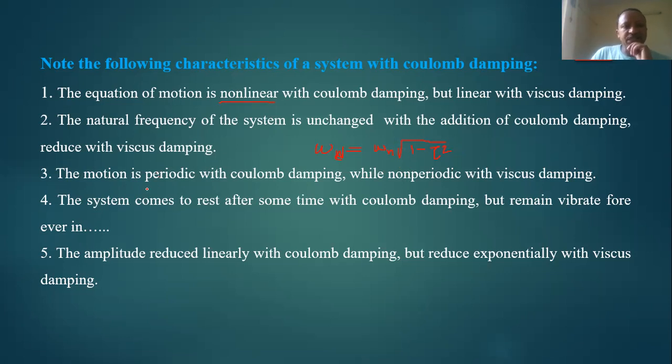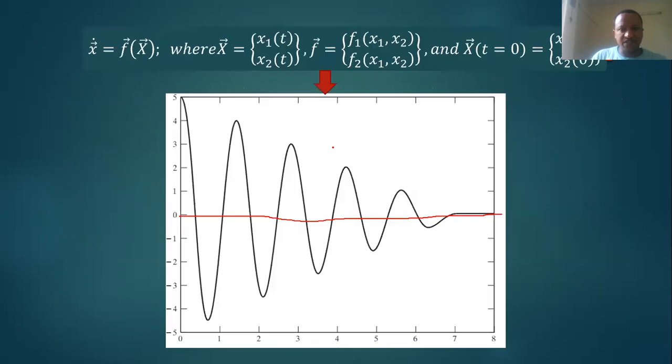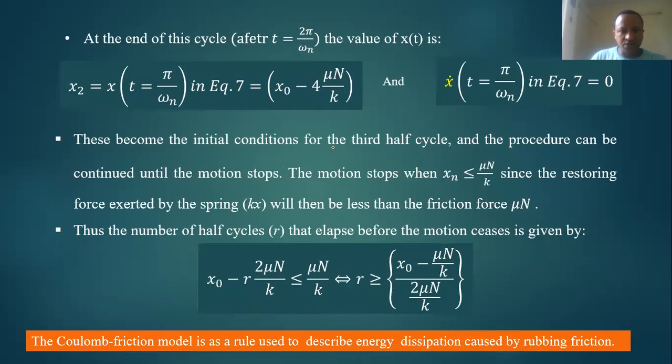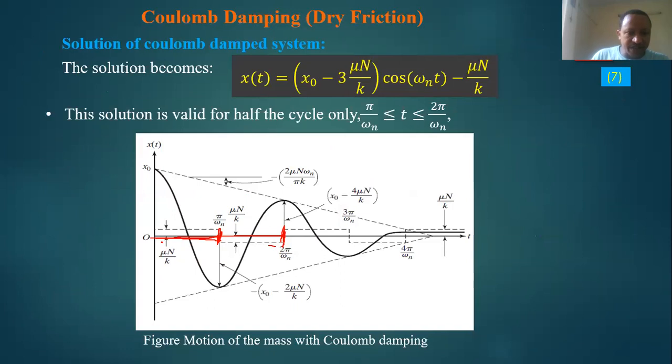Again, the motion is periodic with Coulomb damping, while non-periodic with viscous damping. In viscous damping, we have observed a logarithmic decrement of amplitude. But here, a linear decrement, that is mu N over k amount of reduction. What we observe from here is mu N over k reduction in every quarter cycle.